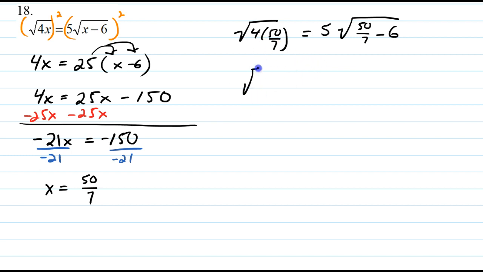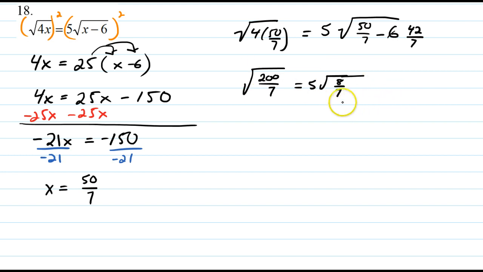So here we get the square root of 200 over 7. Here we get 5 times the square root of. So here it's going to be easier to write that as a 42, because 42 divided by 7 gives us 6. So 50 minus 42 is 8, so 8 over 7. And so now the question is, are these two equivalent? And so you could use your calculator.